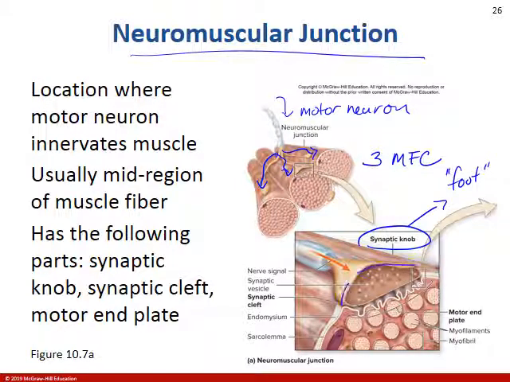This synaptic knob is going to sit in really close proximity to the sarcomere of the muscle fiber cell. Sometimes they call it a motor end plate. We know we have our bundles of myofibrils, and then what's inside the myofibrils? We have myofilaments.